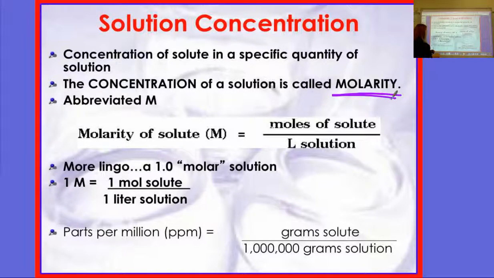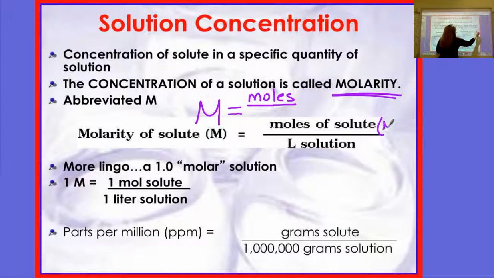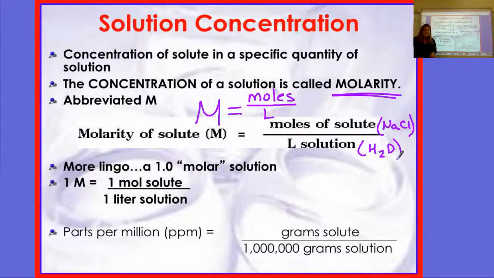It's represented with a big M, and big M molarity, or concentration, equals how many moles of solute, again if it would be salt, moles of solute, in how many liters of solution, which is primarily going to be water. So a 1.0 concentration will be a 1.0 molar solution. There will be 1 mole in 1 liter.